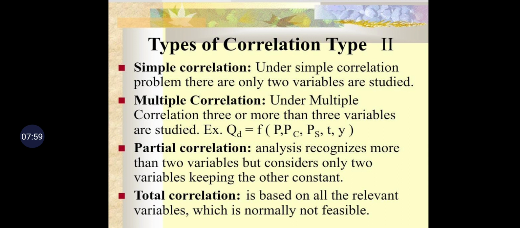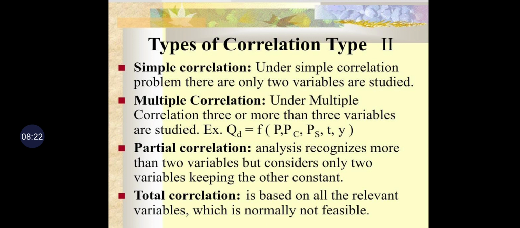Simple correlation. Under simple correlation problems, only two variables are studied. Multiple correlation, under multiple correlation, 3 or more than 3 variables are studied. This is for the example, QD is a function of 3 variables.